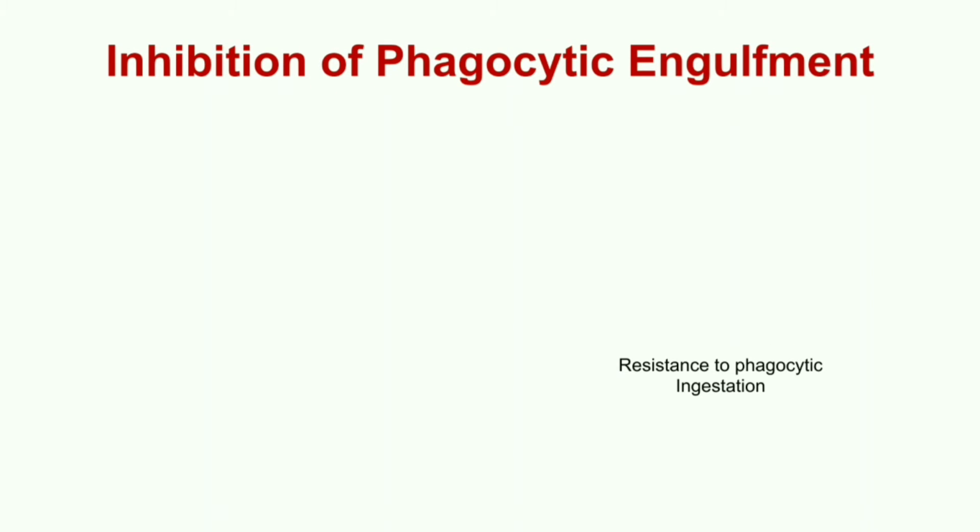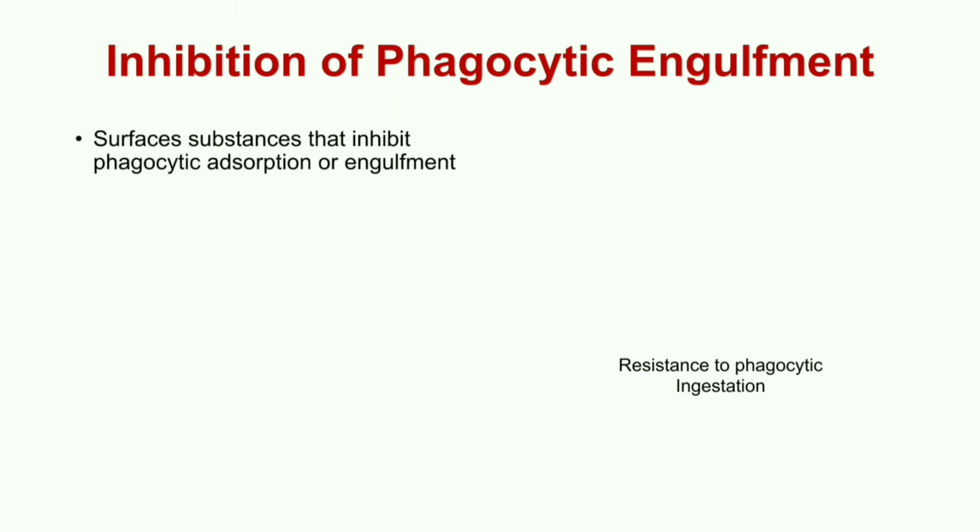The second important phenomenon is avoiding phagocytic engulfment. Many bacteria employ the strategy to avoid ingestion by phagocytes. If the phagocytes do not make contact with them, they can easily prevent this step.